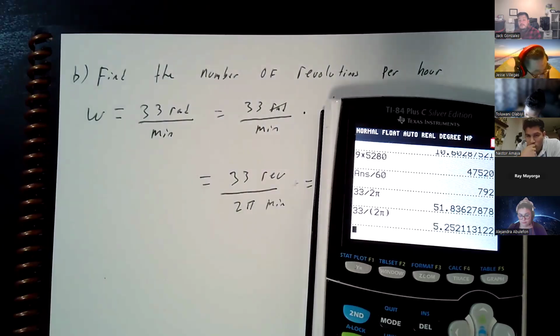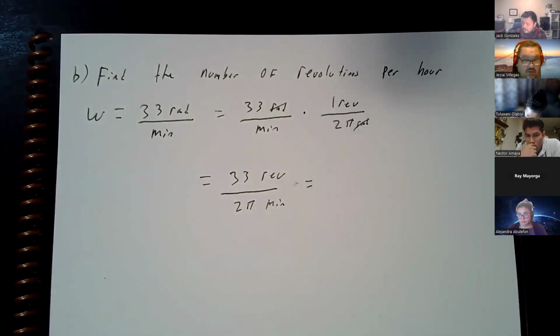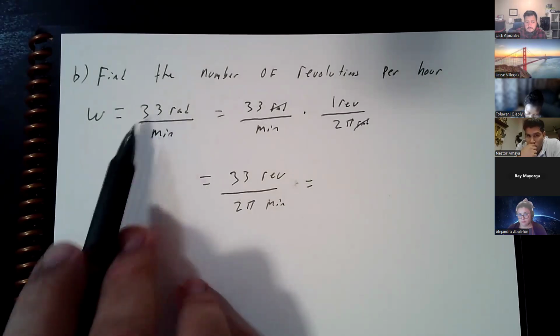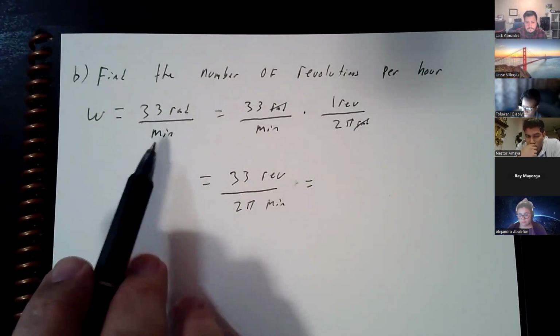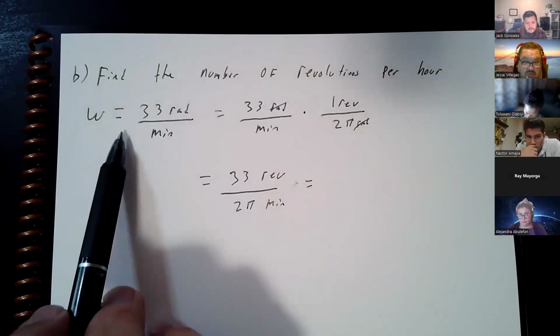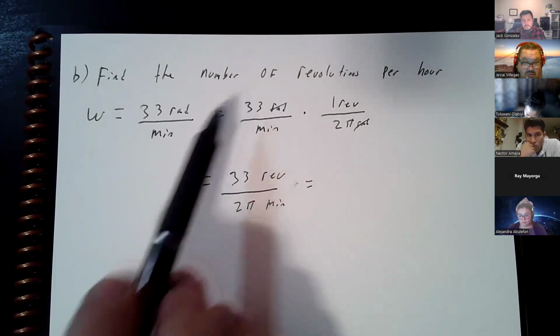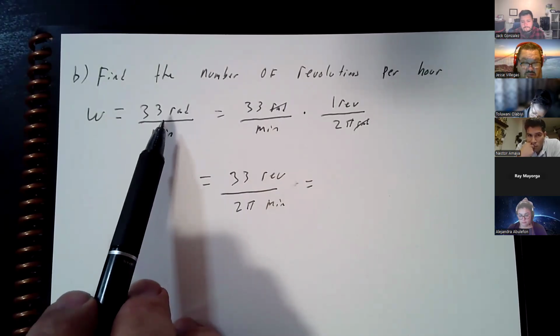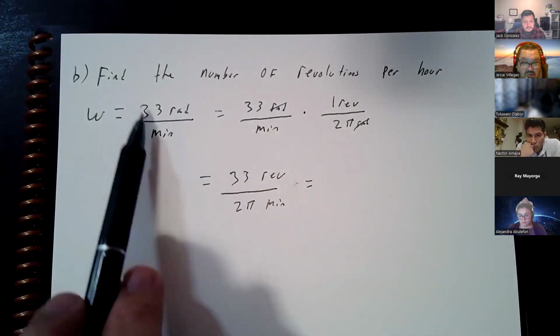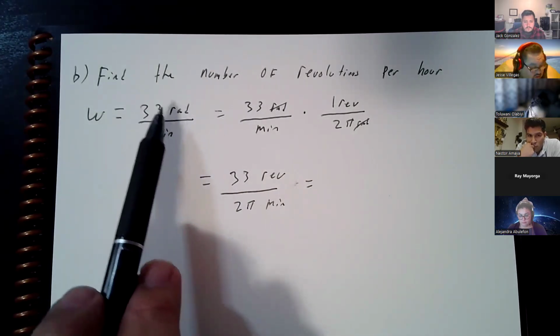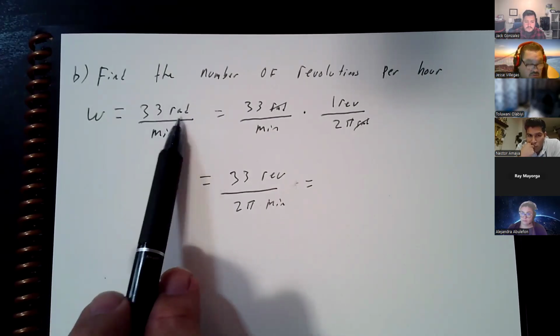Yeah, there we go. We need our parentheses because I'm dividing the entire thing by 2 pi. So when they're asking for revolutions, change your angular speed to revolutions, and that's what we're doing. So 33 rads per minute. If there's no unit there, we said it's going to be radians on part A.